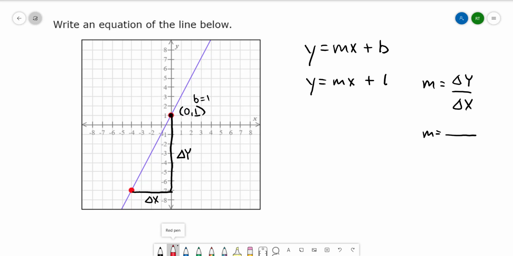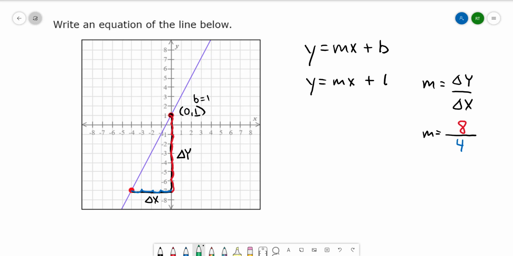I'm going to find the change in y first. So I'm going to count it out. It goes 1, 2, 3, 4, 5, 6, 7, 8. So my change in y is 8. And then my change in x is 1, 2, 3, 4. Change in x is 4.